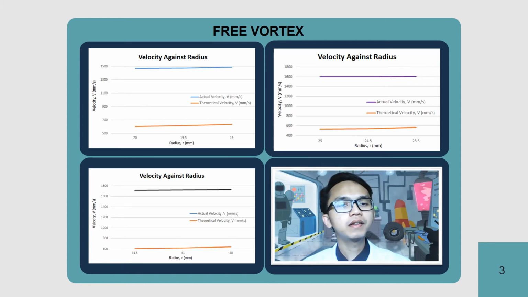Besides that, for the free vortex discussion, we also want to know the actual and theoretical velocities. As a result, from the observations, we can say that the actual velocity is higher than the theoretical velocity.